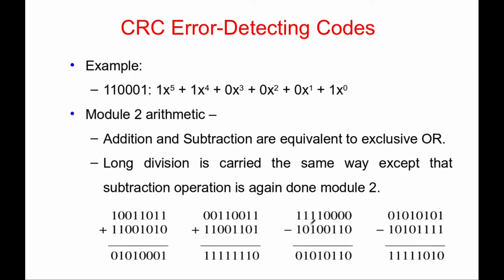In the case of subtraction, 0 minus 0 is 0 and 1 minus 1 is also 0. In the case of 1 minus 0, the result is 1. That is there in the XOR operation as well. Whereas in the case of 0 minus 1, the output becomes 1, discarding the borrow. You can see here. And that is there with XOR operation, 0 and 1 gives 1. So this is how addition and subtraction are very much equivalent to XOR, or they are XOR operations.